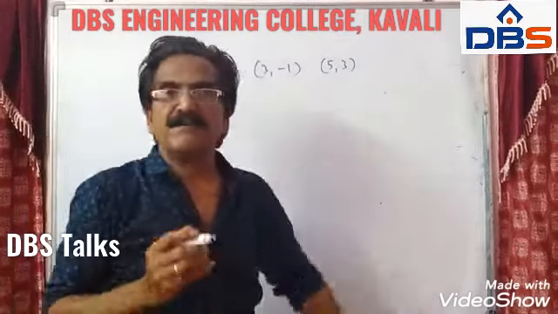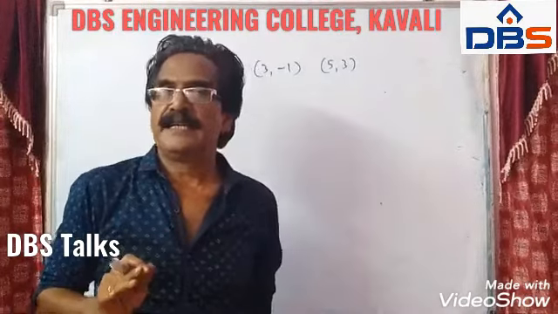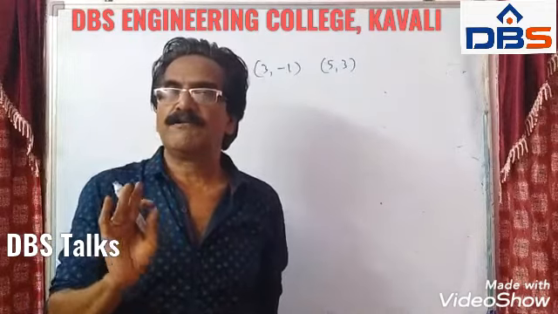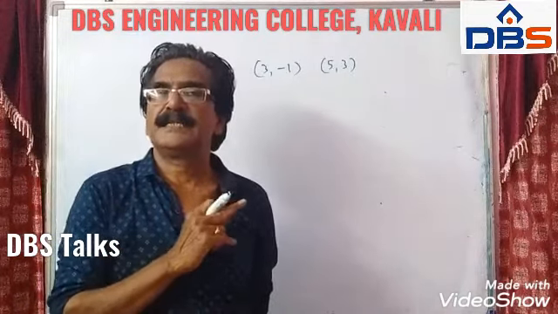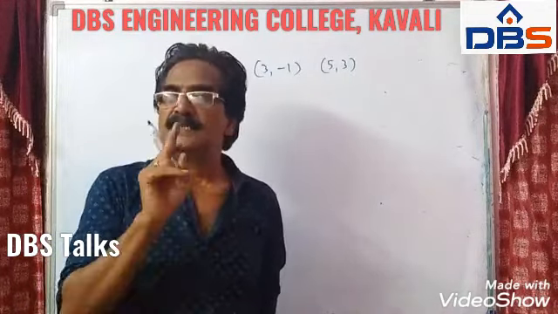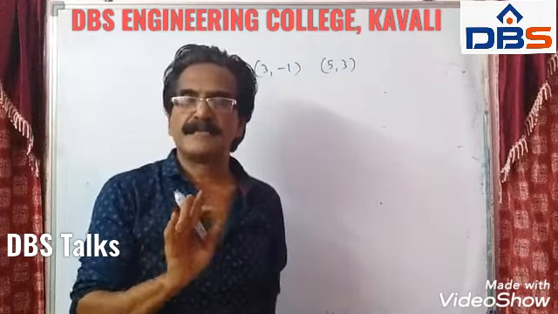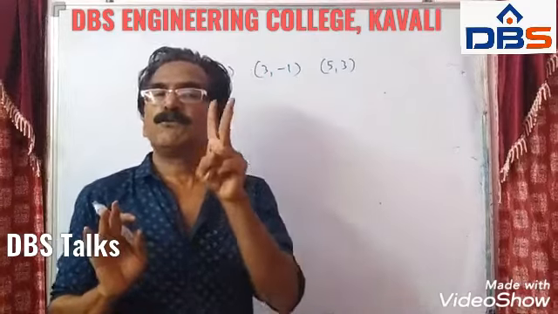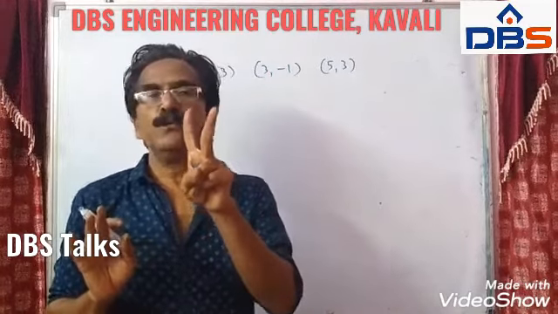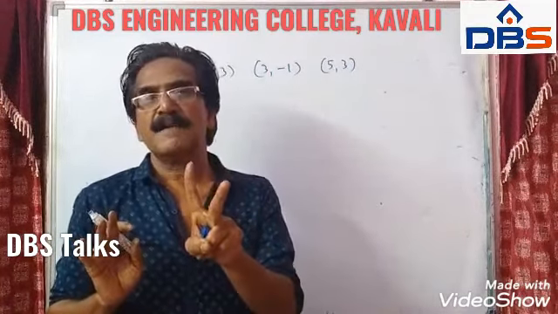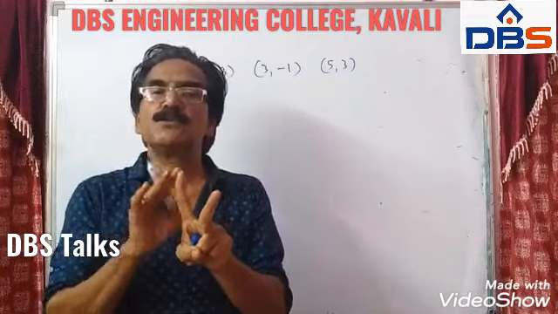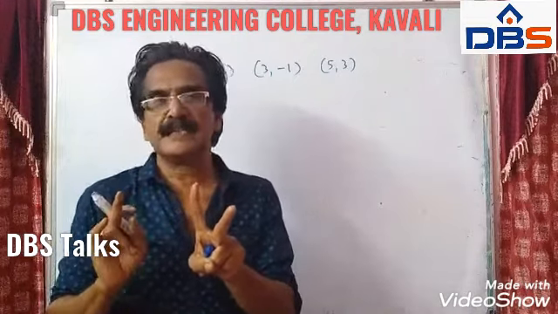These are the vertices of a triangle, and now we are finding its circumcenter. Circumcenter means the point of intersection of the perpendicular bisectors. So we have to find two perpendicular bisectors, and by solving those two we get the circumcenter.